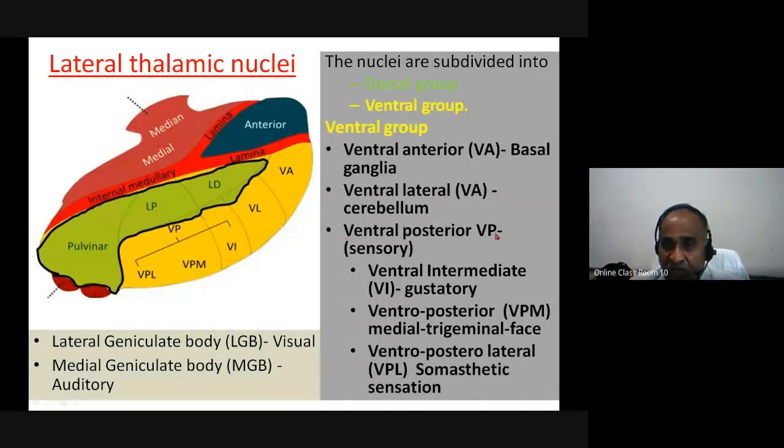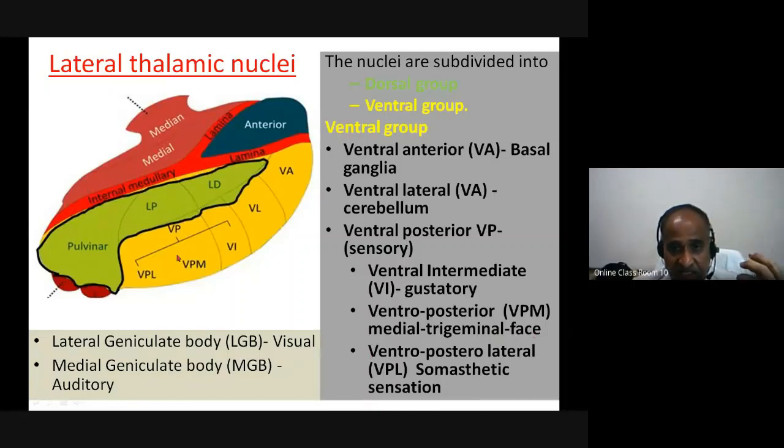Then ventral posterior, the entire thing is ventral posterior. Ventral intermediate is gustatory, taste sensation. Ventral posterior medial carries trigeminal input, trigeminal sensation, that is the face and whatever sensations are carried by the trigeminal nerve.